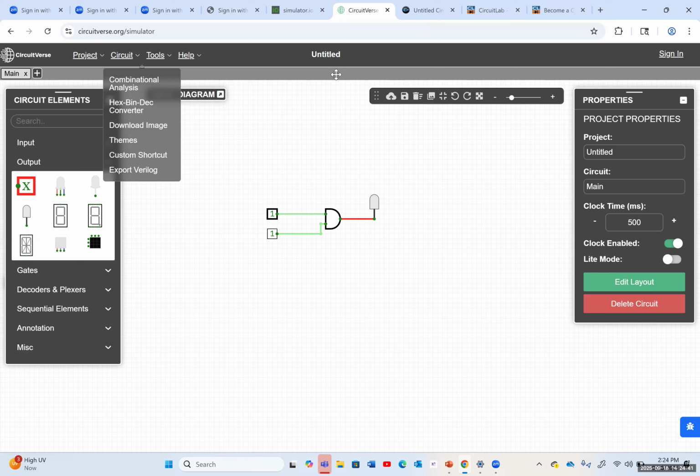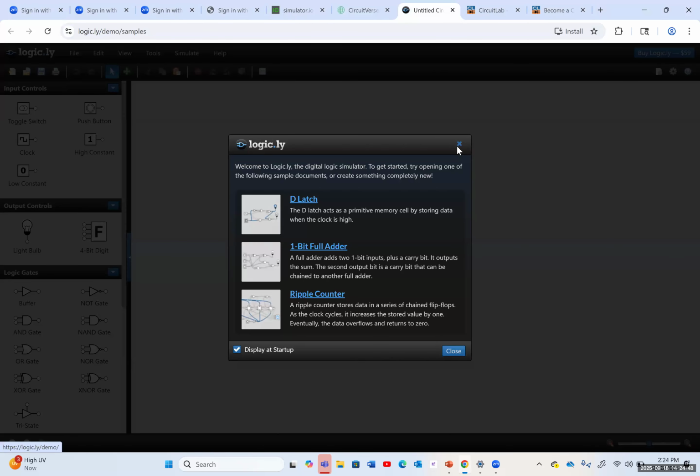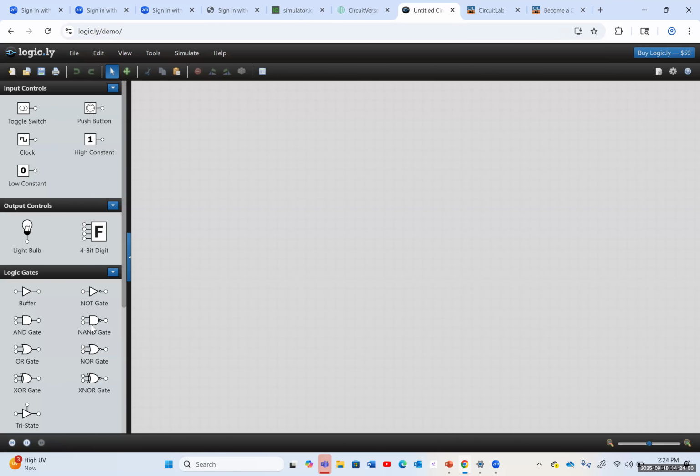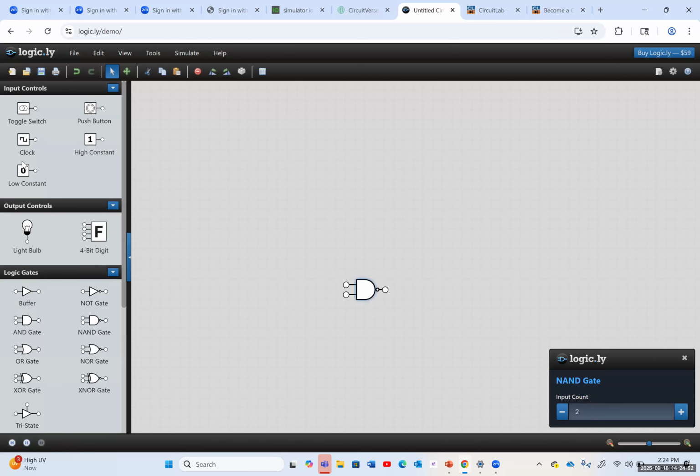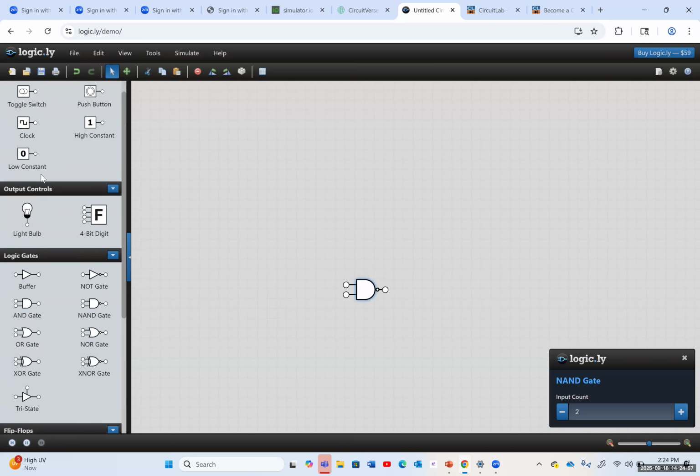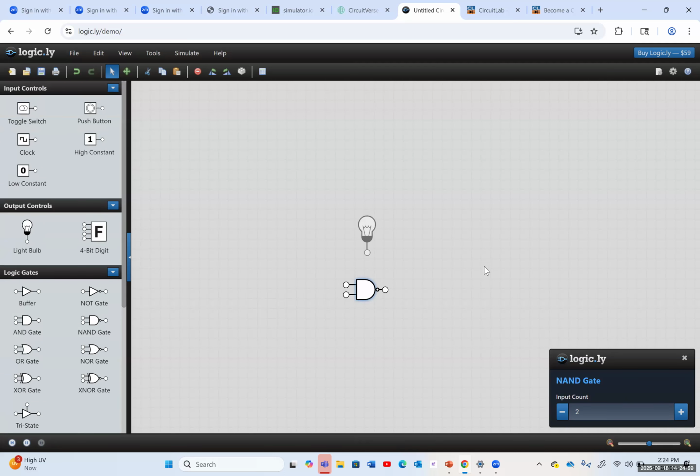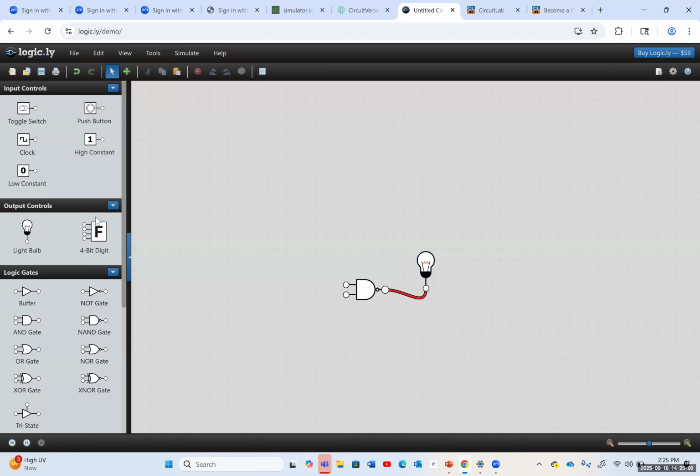Another one is, just give me a second to see if I can. This is another one. Again, you have different logic gates. You can enter the different logic gates and enter the inputs, outputs, and so on. For the output, we can have a lamp or an LED that simply turns on and off. And we can have inputs, 1s and 0s.